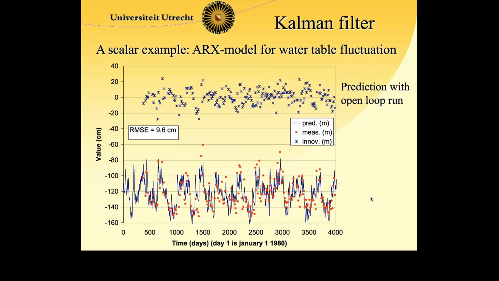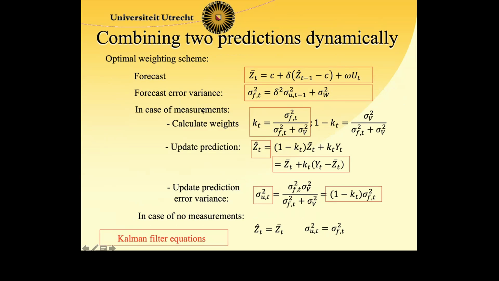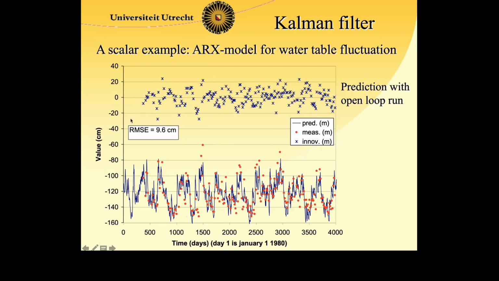Now this is what we see, for instance. This is when we do not do the updating. So we're only using this part of the model and we forget about the rest. Then we get these are the predictions, these are the observations, and these are the innovations.